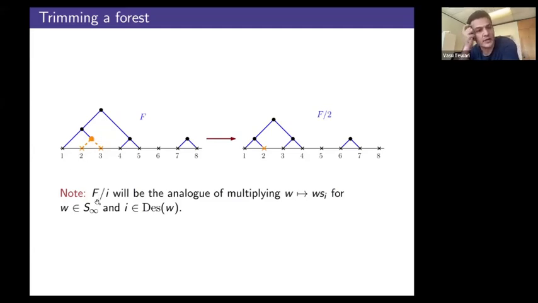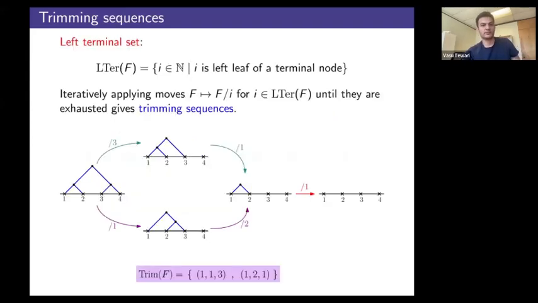So this division operation is going to be the analog of multiplying by s sub i and going down in length. Okay, so if you're trying to compare the two stories, multiplication by s sub i on the right, trimming a terminal node on this story. And knowing that you can keep doing this w going to w s_i map repeatedly, you get reduced words. You should try and do this repeatedly on this forest side as well.